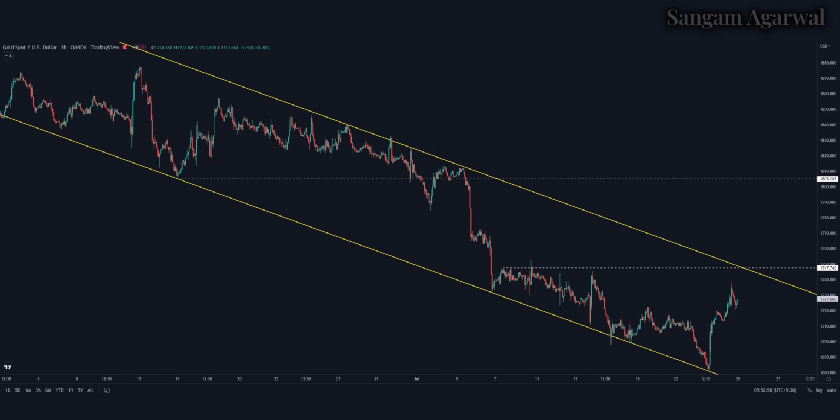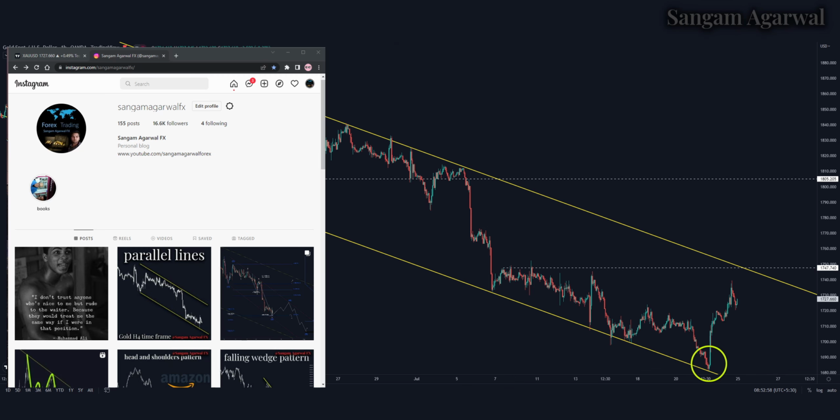And if we go to the H1 time frame, then we have this parallel channel, and the lower trend line has been tested many times. Last week price again tested this lower trend line before the trend reversal. All the people who say they don't understand how to take entry already shared this channel on Instagram.